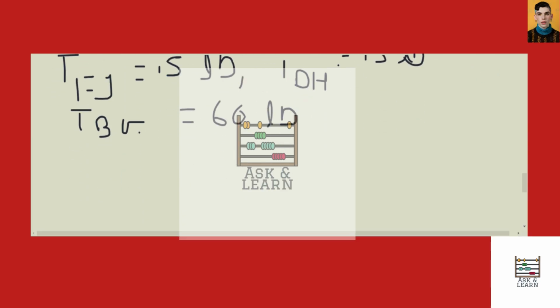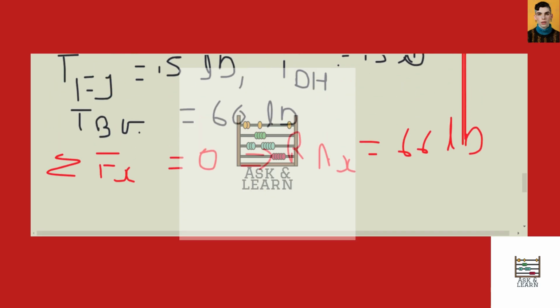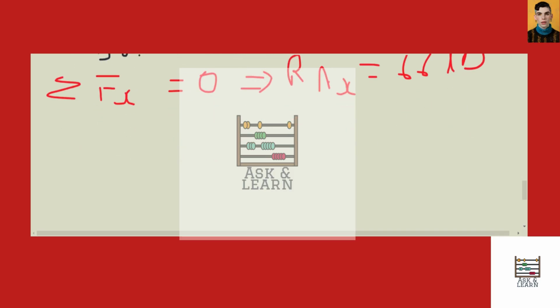Now, as we know, the sum of forces in the x direction is equal to 0. So by summing all the forces in the x direction, we will get RAX is equal to 66 pound. The same way, let's take the sum of the forces in the y direction.